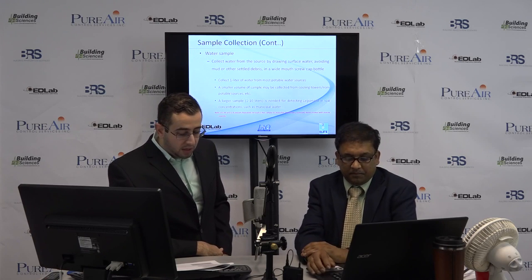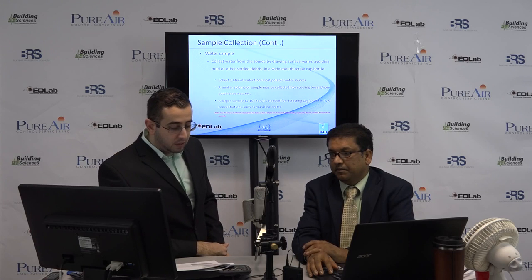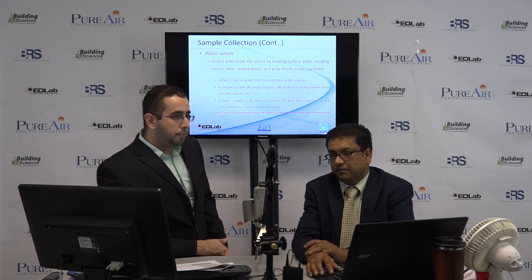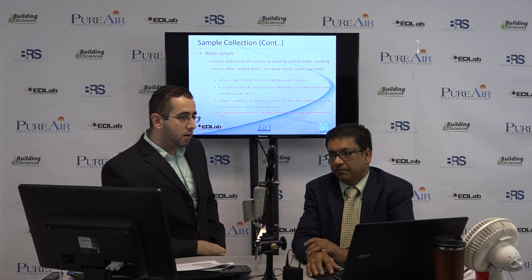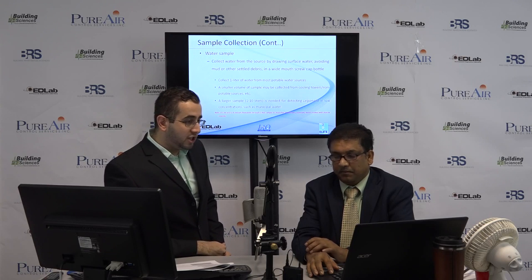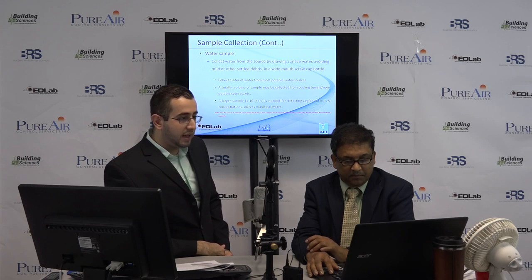A large sample, as we have here, 1 to 10 liters, is needed for detecting Legionella in low concentrations, such as municipal water. With something like municipal water, it's more important whether or not there's Legionella in it at different ranges. So if there is any in there, you want to collect a larger sample so that it is collected and can be tested for.